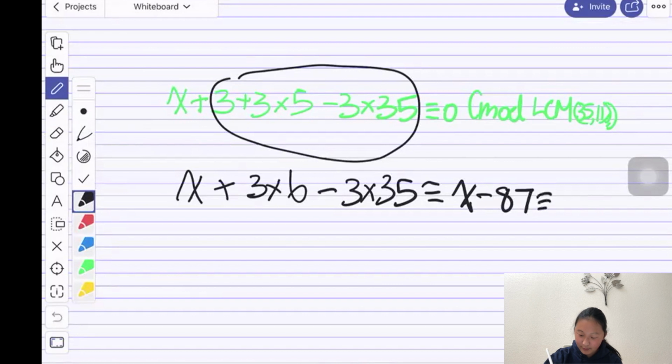And then this is congruent to 0 mod, what's the LCM of 35 and 11?